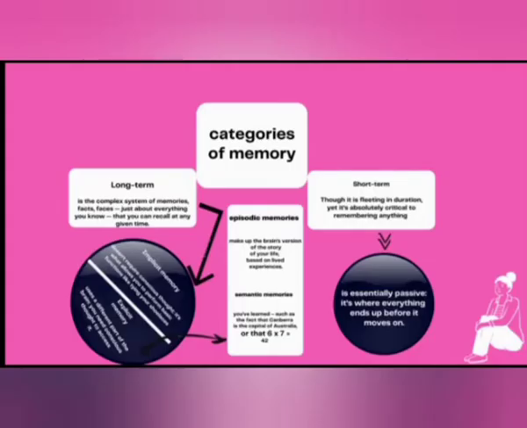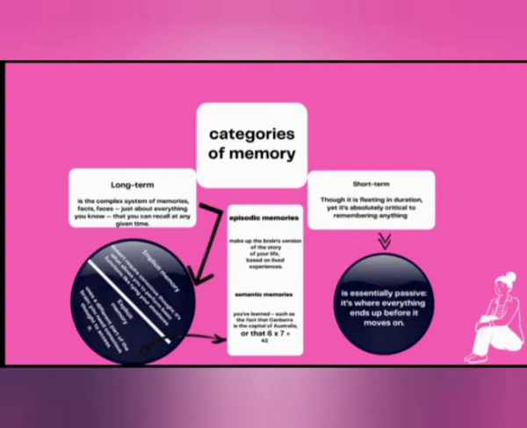Now, let's look at the categories of memory. We have the long term memory and the short term memory. The long term memory is our brain system for storing, managing, and retrieving information, while the short term memory is like the brain's receptionist, and it's responsible for storing information temporarily and determining if it is to be dismissed or transferred onto long term memory.